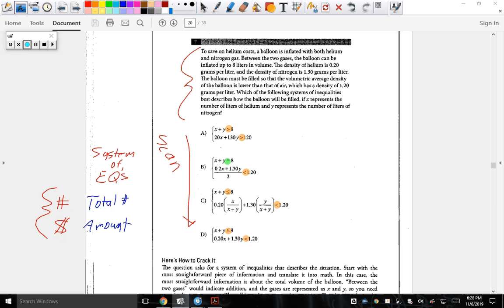Okay? So let's go find X. So let's see, the density, you have grams, you have liters, you have X right here. X represents the number of liters of helium. Y represents the number of liters of nitrogen. Okay? And what does it say, numbers-wise, that that's going to be?